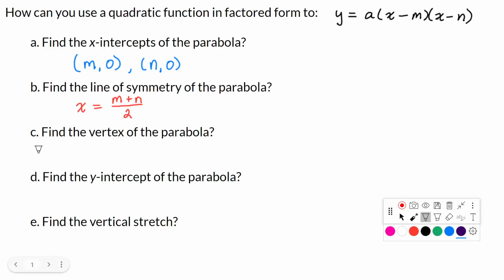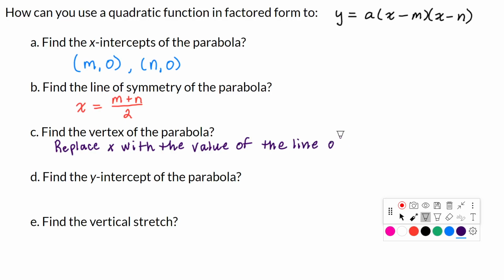To find your vertex, you're going to replace x with the value of the line of symmetry and solve for y.